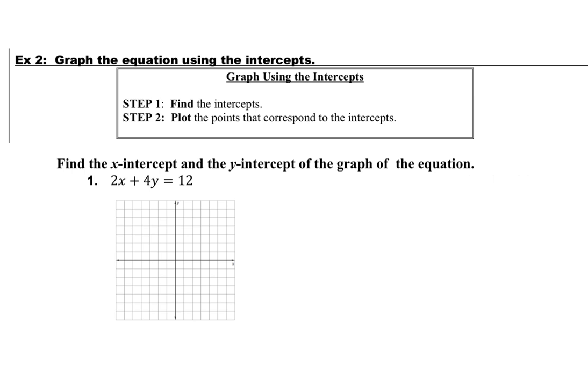We've been graphing using the slope and the y-intercept. Remember, to find that, we had to solve for y. When we solved for y, we rearranged our equation. We had 2x plus 4y is equal to 12.